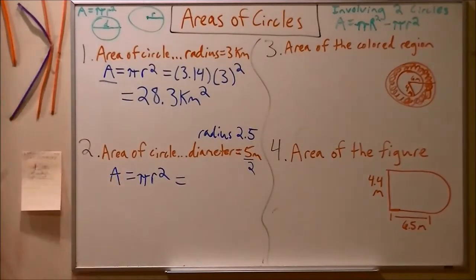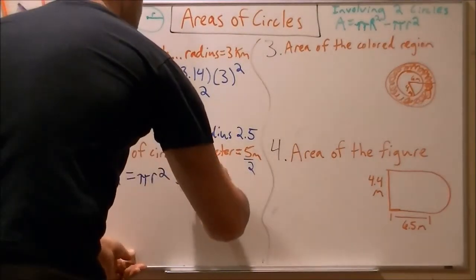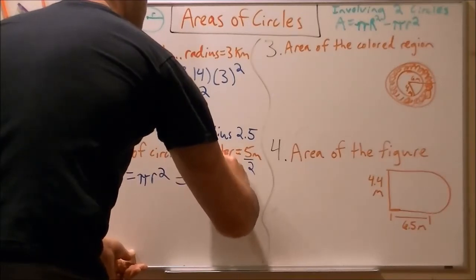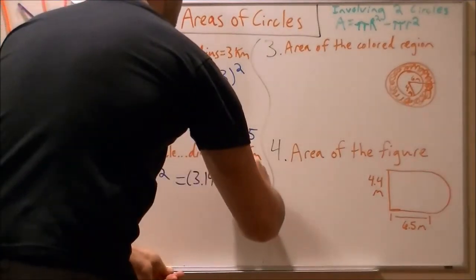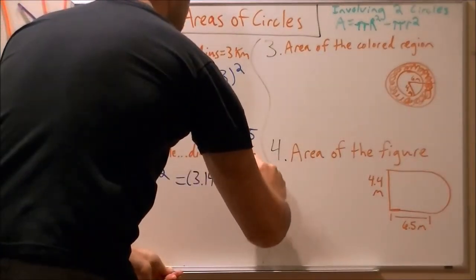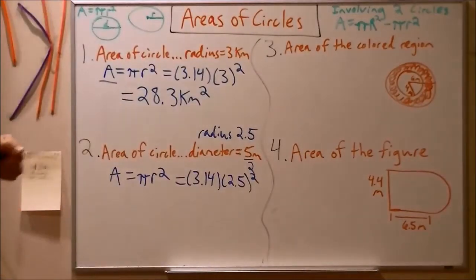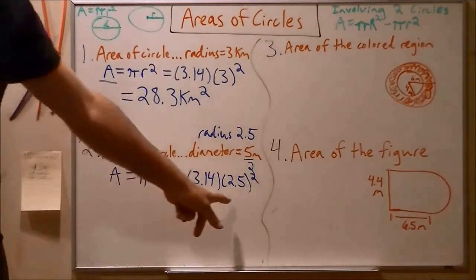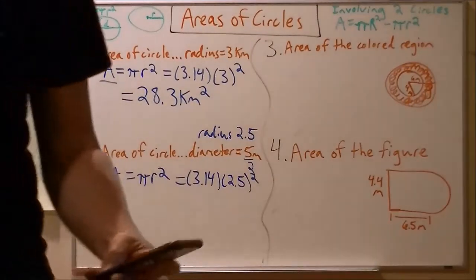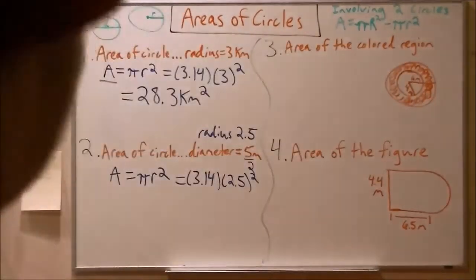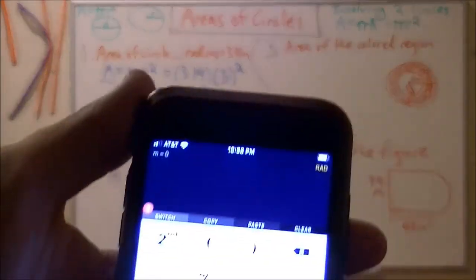So A equals pi times r squared. The value of pi is 3.14. That is correct. Very good. R. What's my radius? Not my diameter. What's my radius? Times 2.5, close parentheses, squared. Remember, that's not 2.5 times 2, which would take us right back to square one and put us at 5. It's going to be a number a little different than what you might think.